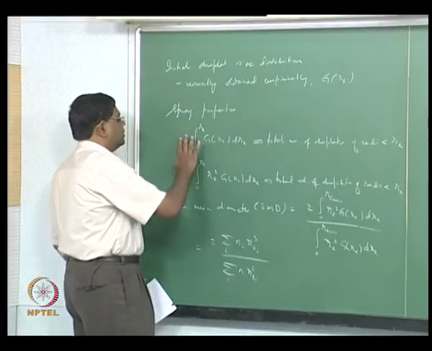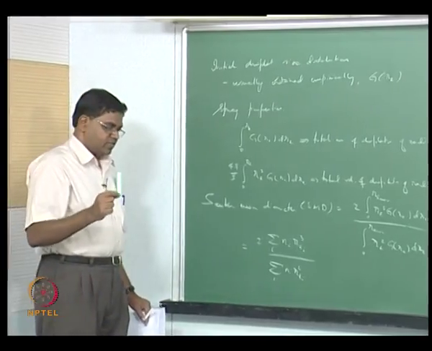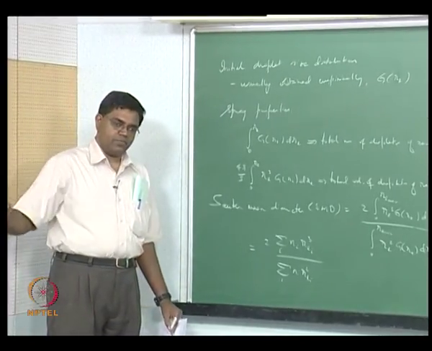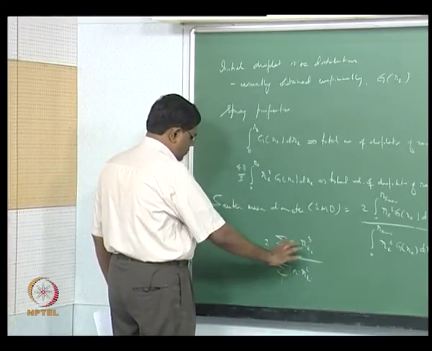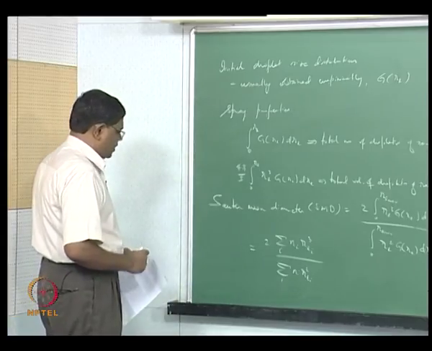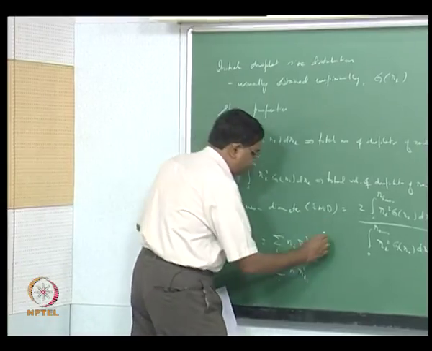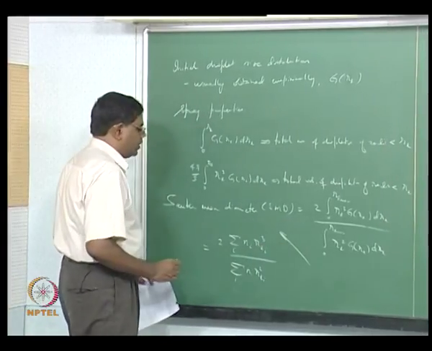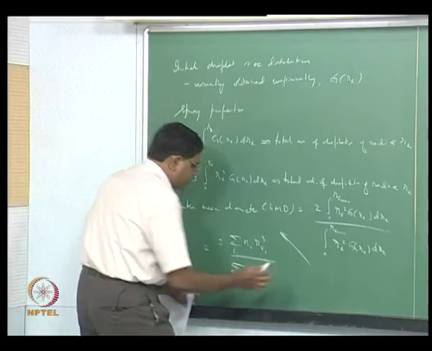So the integral definitions are typically used when the histogram bin sizes are small, and you can try to fit a curve to the histograms rather than keep them as histograms themselves, but this sum would hold if you have histograms. And essentially the idea of the mean diameter in both these definitions is that we are looking at a ratio of total volume to total surface area, right.